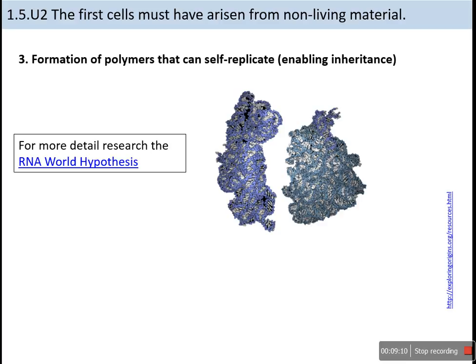And that was the point at which it all kind of blew up and became more important, and all the different types of organisms evolved from that point. That's really, really important to remember.